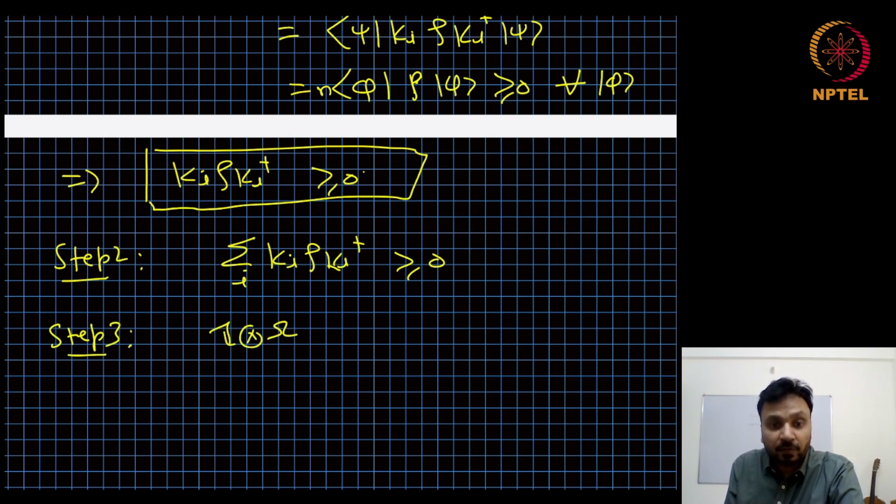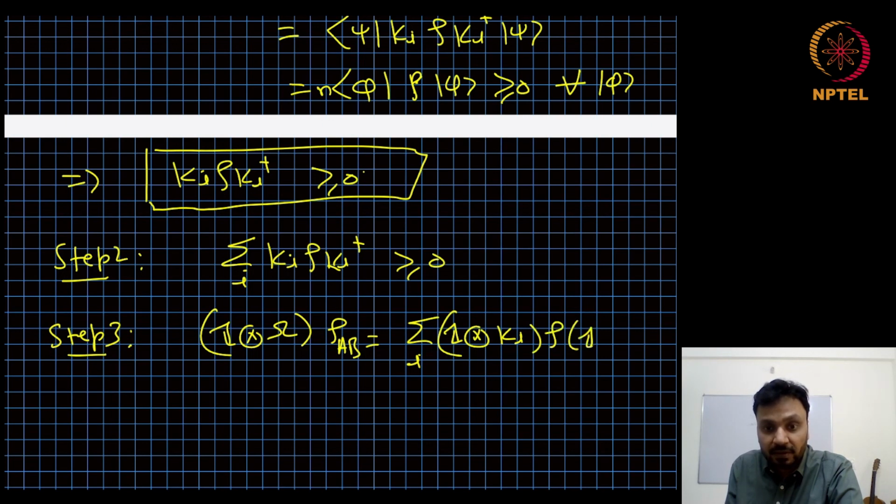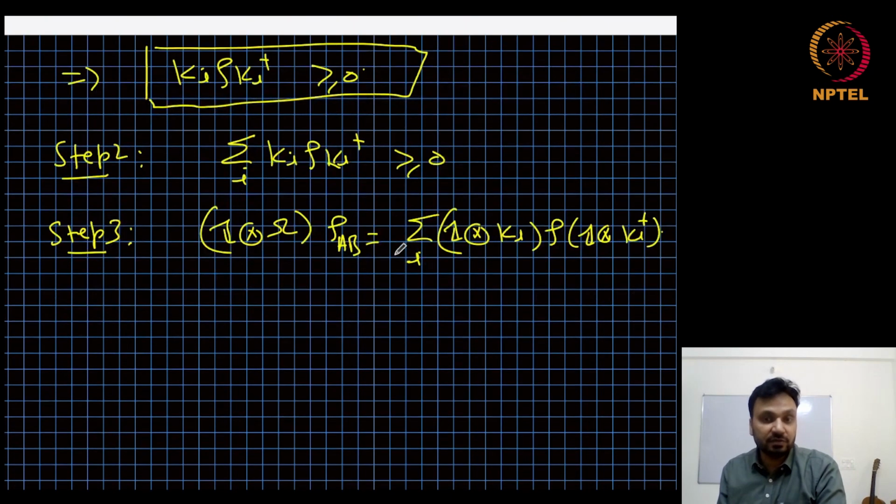Identity tensor omega acting on rho, or rho AB let us say, on a bipartite system, is sum over i of identity tensor K_i rho identity tensor K_i dagger. There is nothing to prove here also. This is the definition of the map omega and the partial implementation of it.